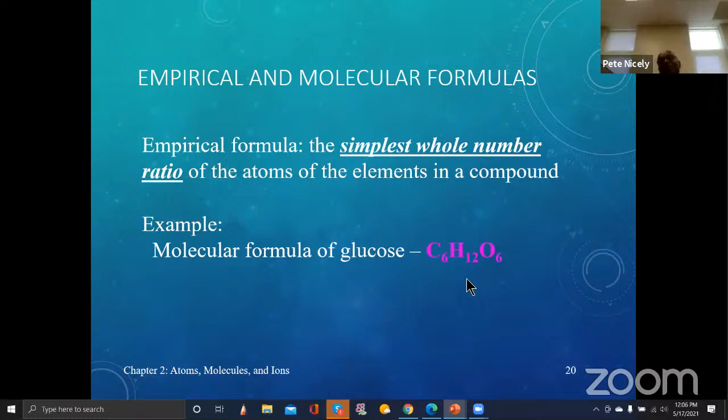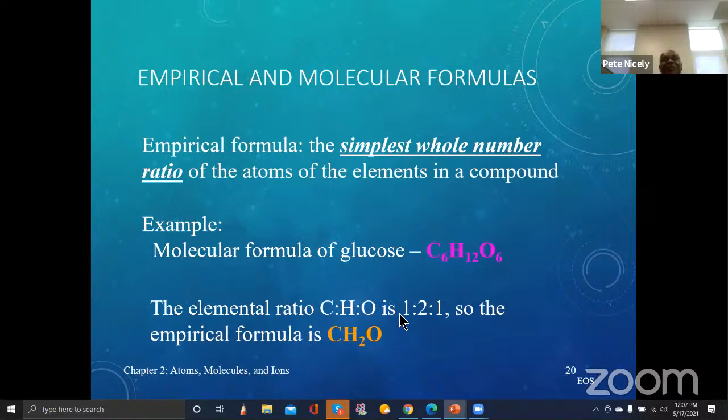For example, in the case of glucose, the molecular formula is C6H12O6, because that tells you that for every molecule of glucose, you have 6 carbon atoms, 12 hydrogen atoms, and 6 oxygen atoms. The empirical formula for glucose would be CH2O, because that tells you that for any sample of glucose, the ratio of carbon to hydrogen to oxygen is 1 to 2 to 1, all right? So it's very important that you understand the difference between the two and the relationship between the two.